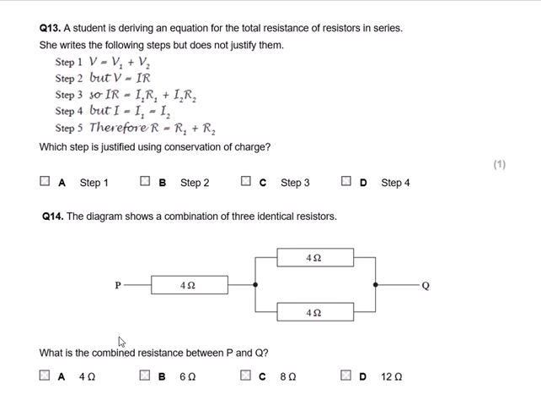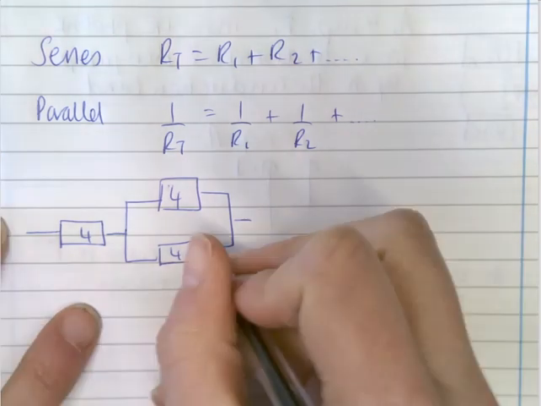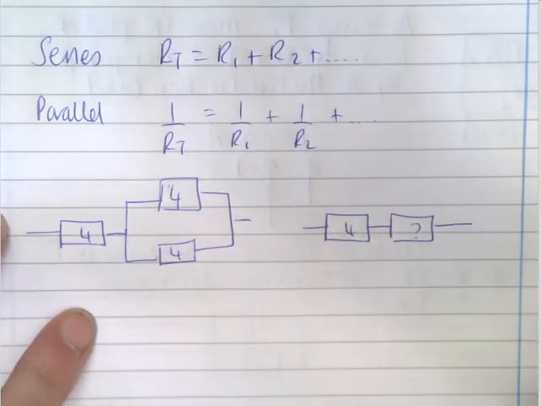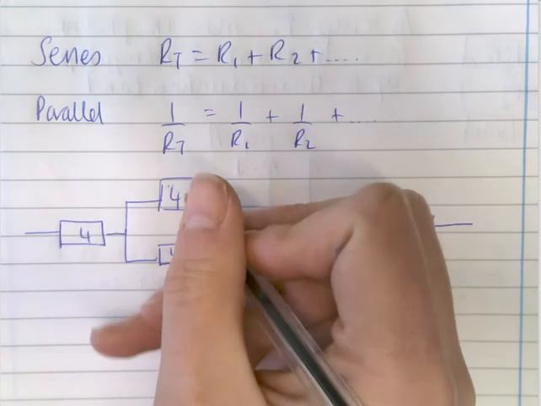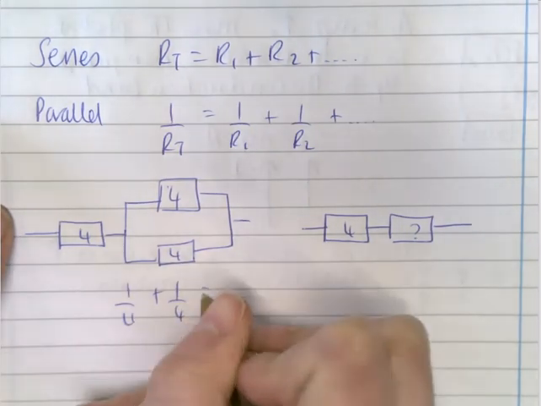And then question 14, we've got our identical resistors. What is the combined resistance between P and Q? Well, the first thing I want to do is turn this arrangement into this arrangement. Now, I can work this out. 1 over 4 plus 1 over 4 equals 1 over total resistance.